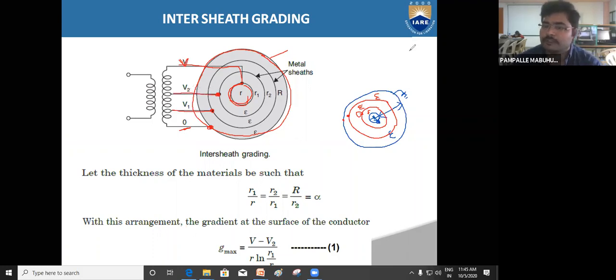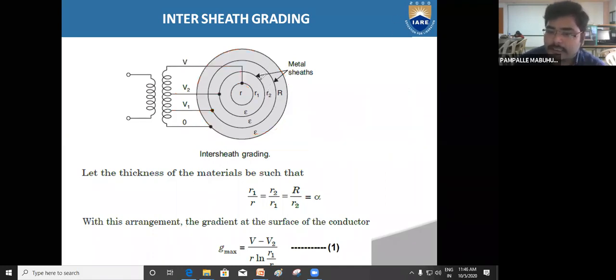Now one condition you have to keep is that you have to select and place these metallic sheaths in such a way that R1 by r, R2 by R1, and capital R by R2, all these values will be the same, equal to a constant value alpha.